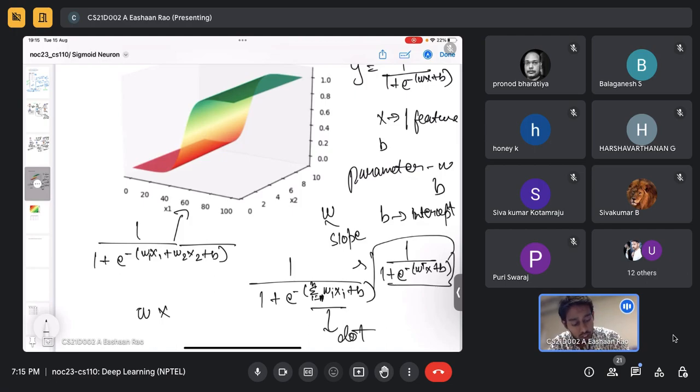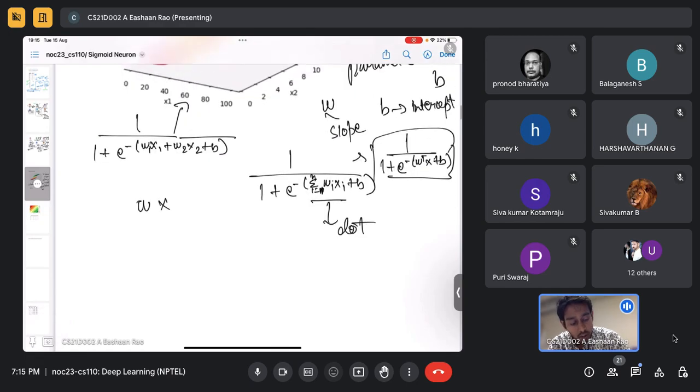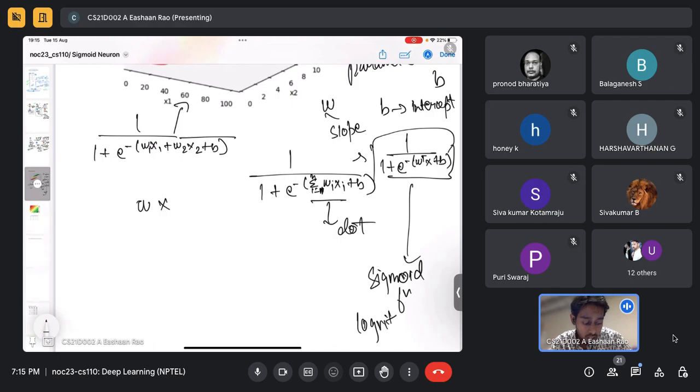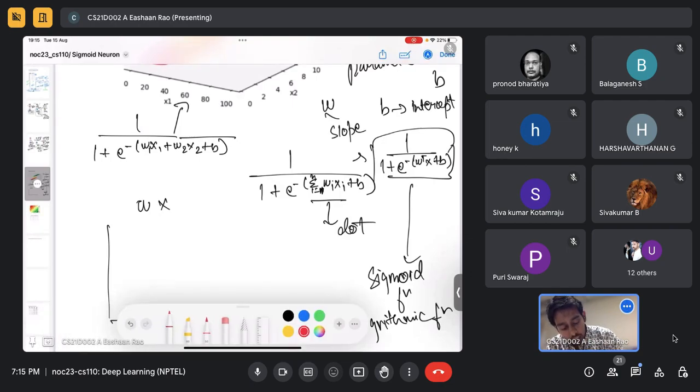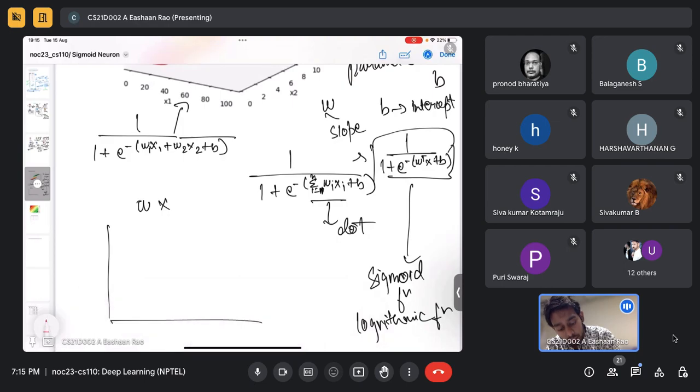You can call this function a sigmoid function, or you can use the term logistic function, a class of functions. We will come to why later, because a sigmoid function deals in terms of an S shape. So this might be a sigmoid curve.